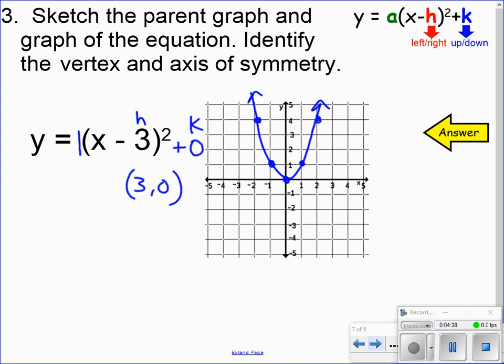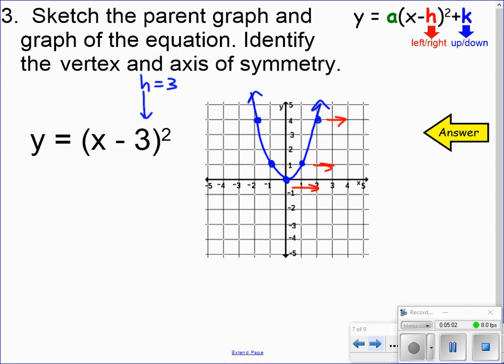And then find other points here. Or if I recognize, hey, this is a translation, okay? And here h is equal to 3, so this says, hey, take your graph and move it 3 units to the right. So move each of your points 3 units to the right.